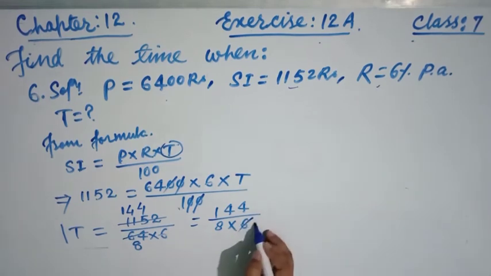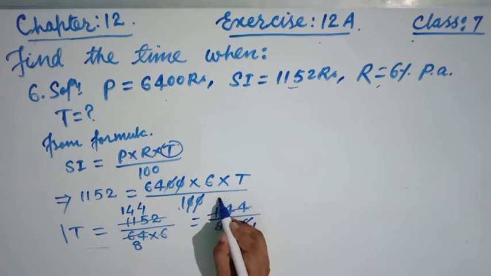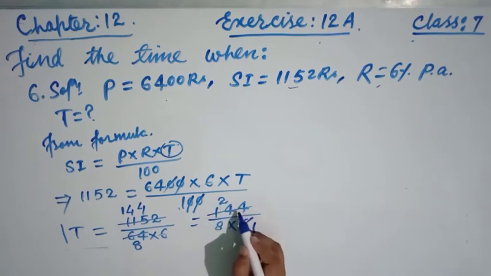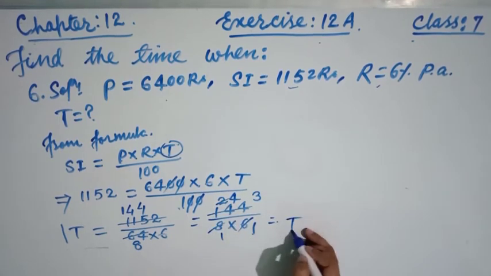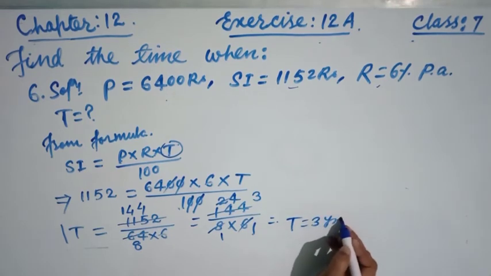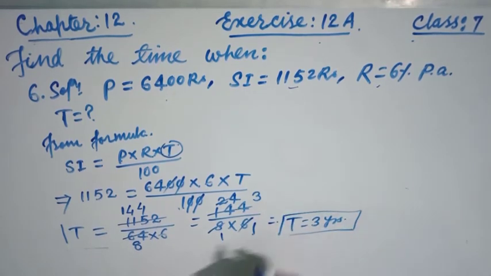Now 6 ones are 6, 6 twos are 12, 6 fours are 24, and 8 threes are 24. So hence T is equal to 3 years. So this is the answer. We can easily find this question, friends.